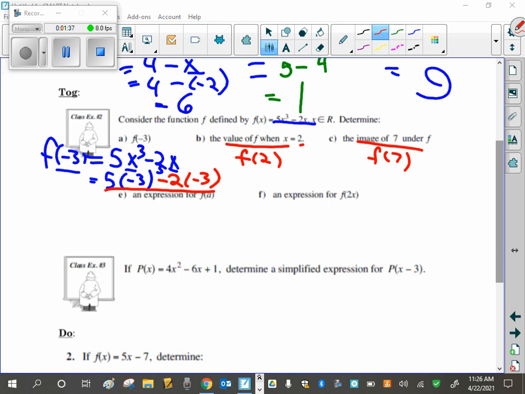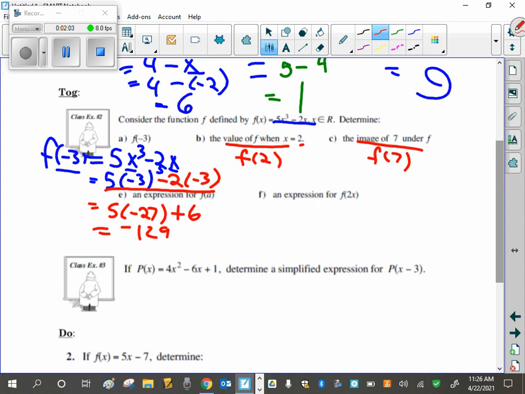So negative 3 cubed is negative 27. Plus x, what does that equal? Negative 129? For A, that's A, not E.